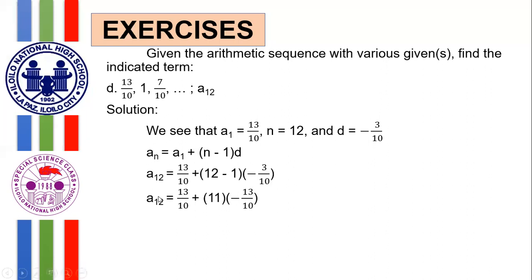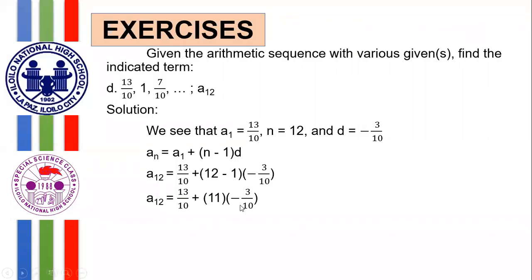And the rest were copied. 11 times negative 3 tenths. So 11 times negative 3 tenths is negative 33 over 10. That's why a sub 12 is equal to 13 over 10 minus 33 over 10.